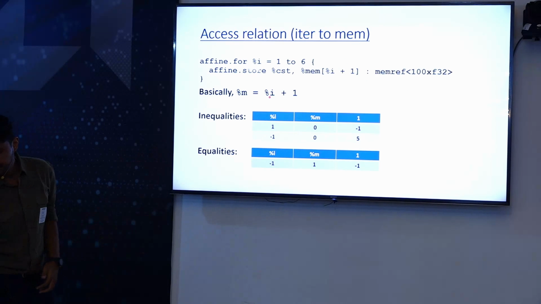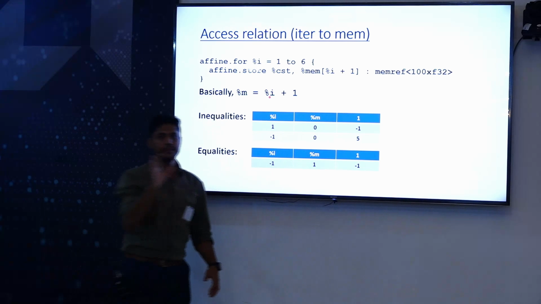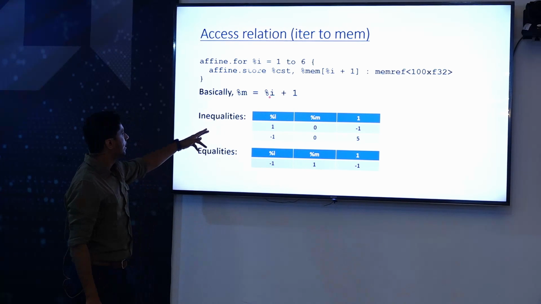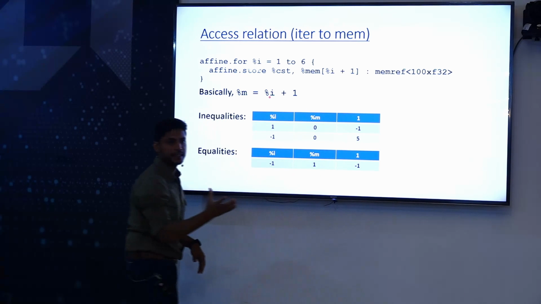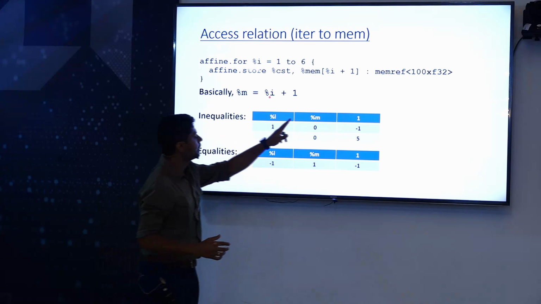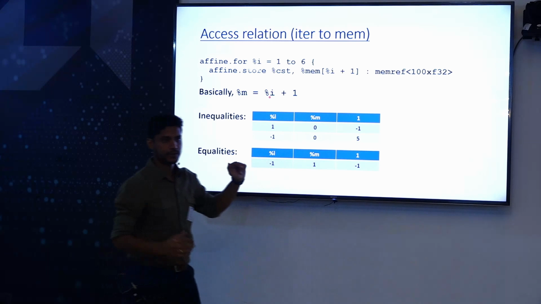So I'm going to call this I plus 1 as M, the mth location. M is equal to I plus 1, very simple. This column and this column already existed, right? This is I greater than 1, I less than 5. This was already there.